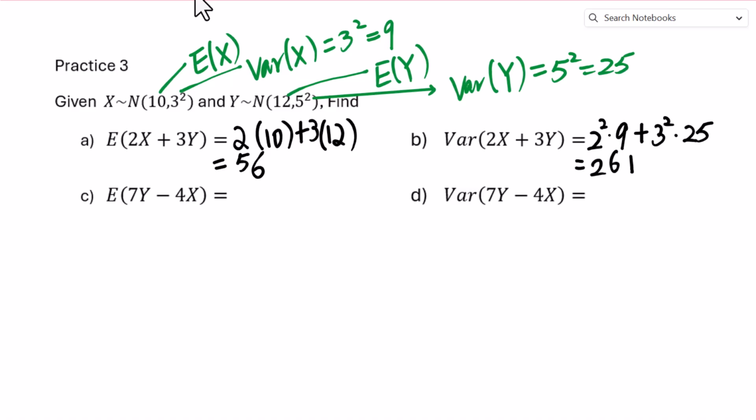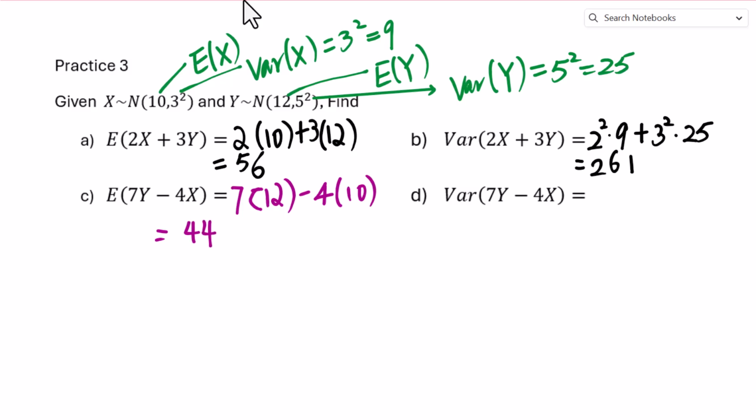For C, we will get 7 times E of Y, which is 12, minus 4 times E of X, which is 10, equals 44.